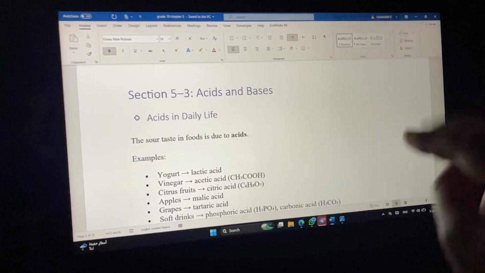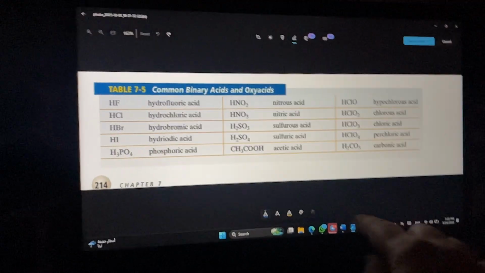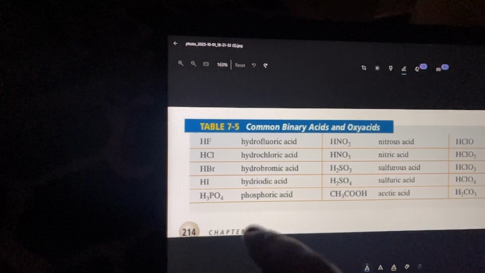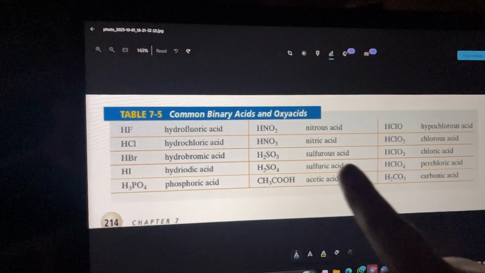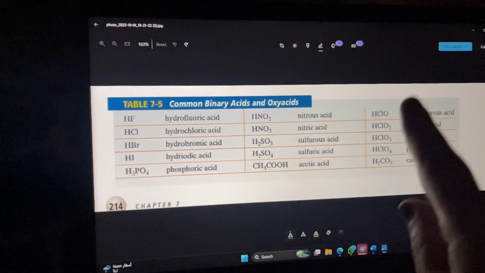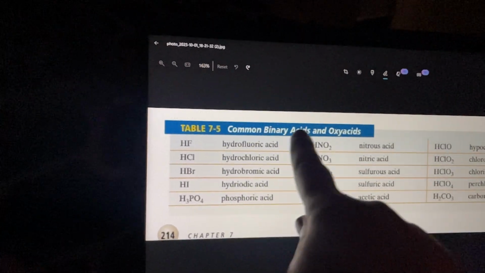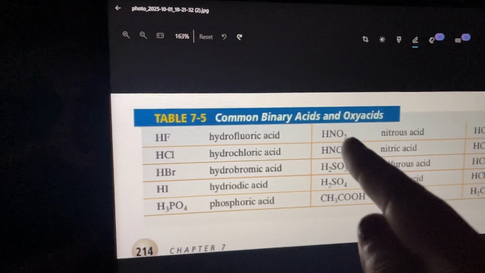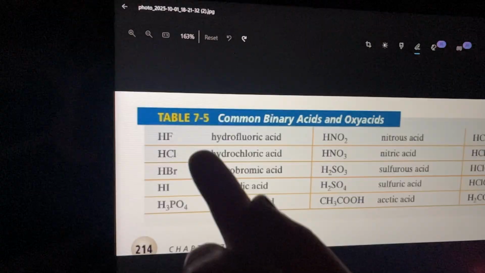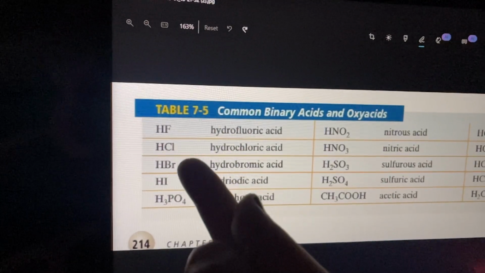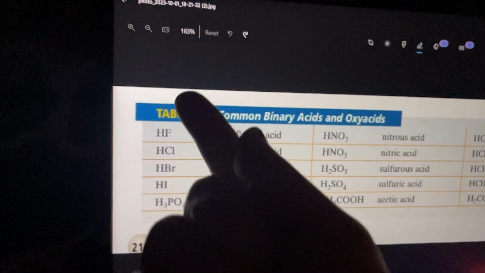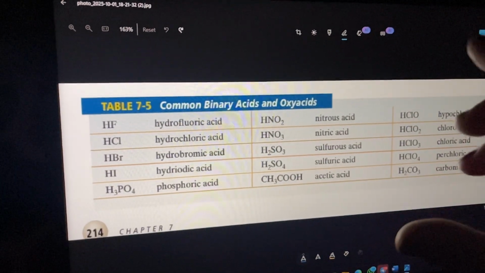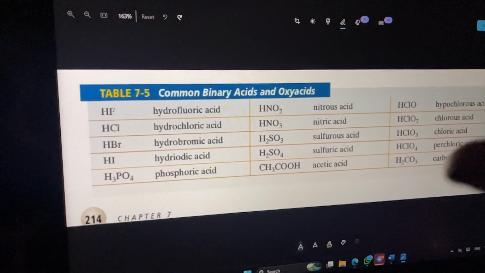We have two types of acid: binary acid and oxy acid. In the binary acid, we have halogen elements, which are group 17, which we call halogens: fluorine, chlorine, bromine.